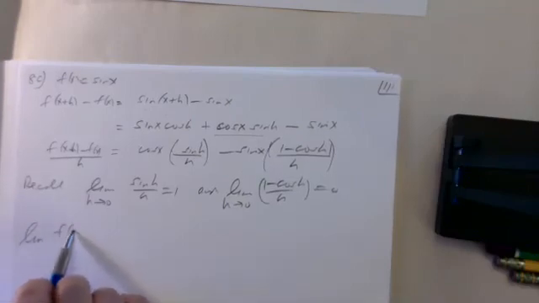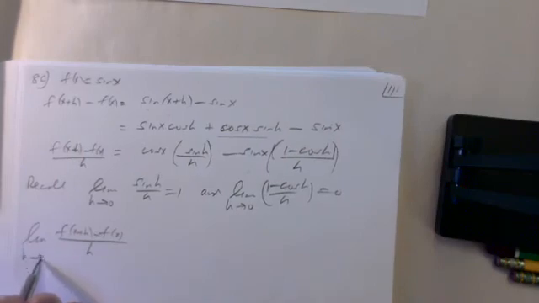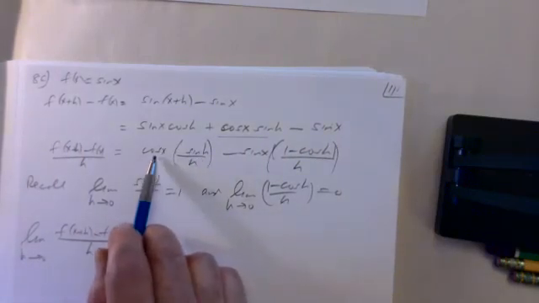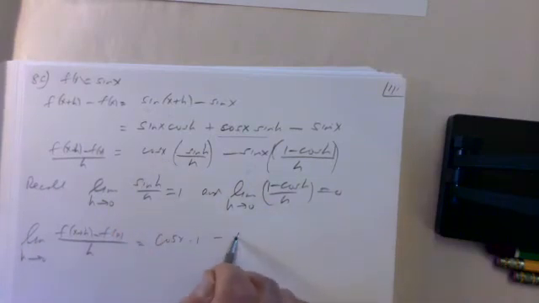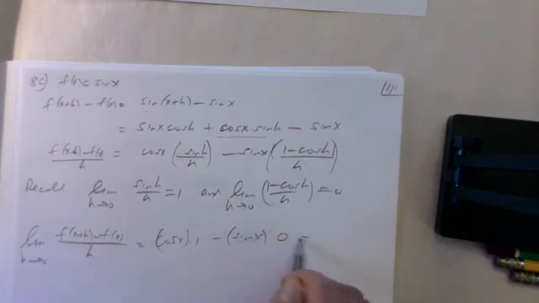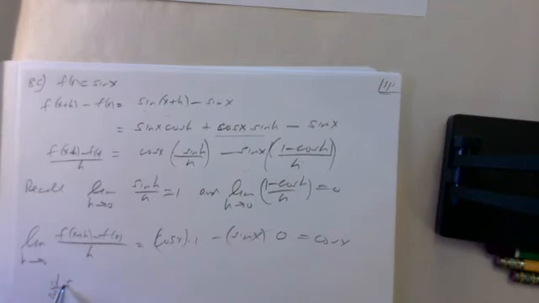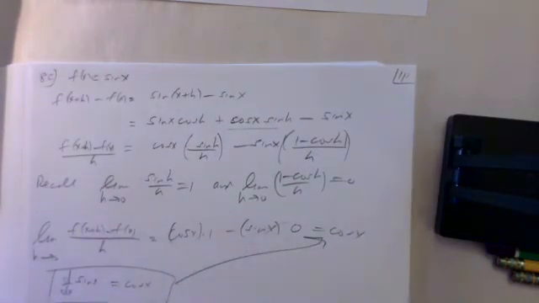So the limit of f of x plus h minus f of x over h, when h goes to 0, you get cosine x, and this limit is 1, minus sine x, and this limit is 0. So that disappears, and we just get cosine x. So that's the proof from the definition that the derivative of sine of x is equal to cosine x.